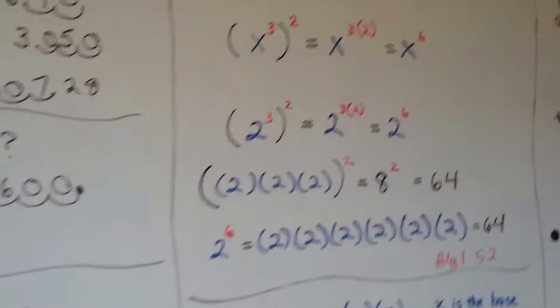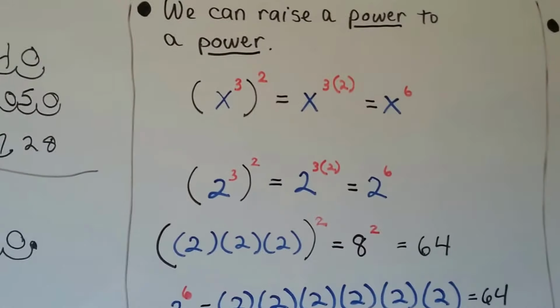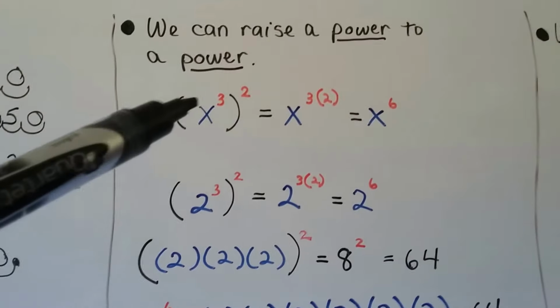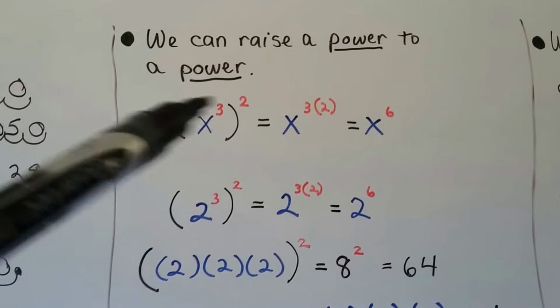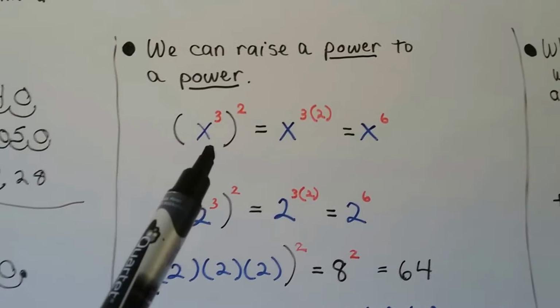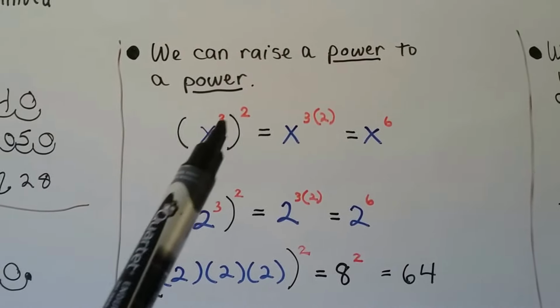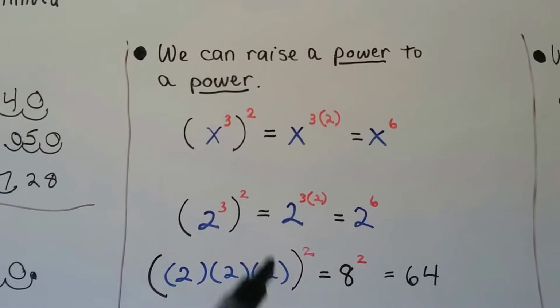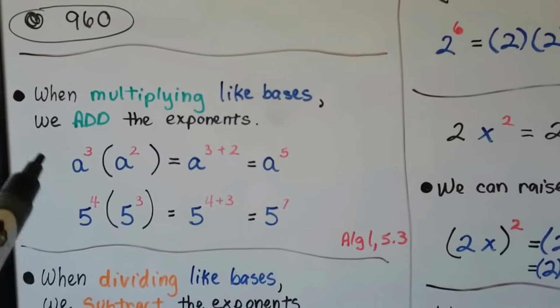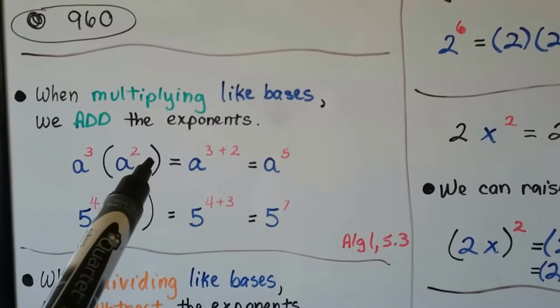Now, it's also going to talk about, in Chapter 5, how we can raise a power to a power. If we have x to the 3rd power in parentheses, and then it's squared outside the parentheses, we're going to multiply these two. When you raise a power to a power, we multiply them. When we're multiplying like bases, we add them. See that?